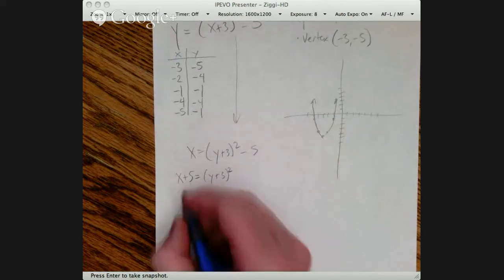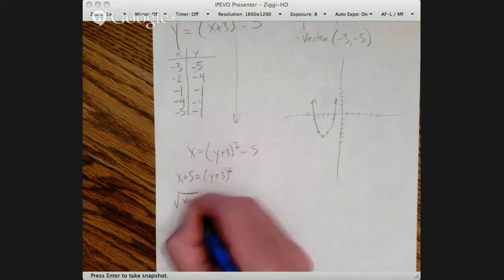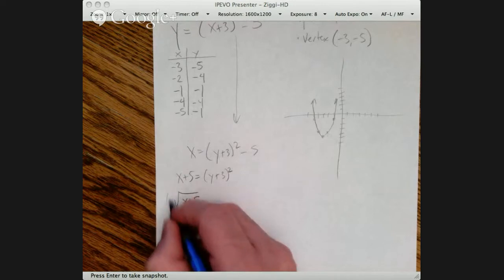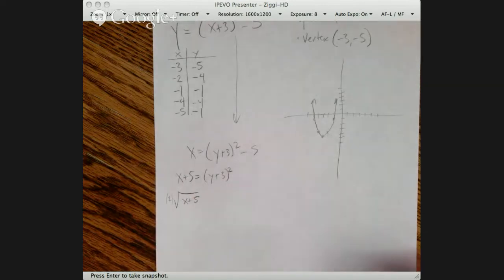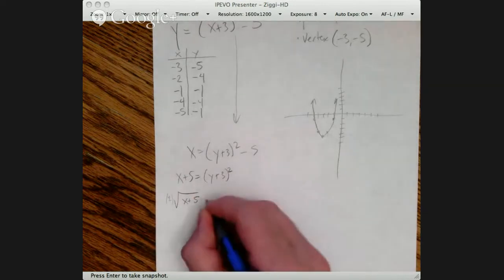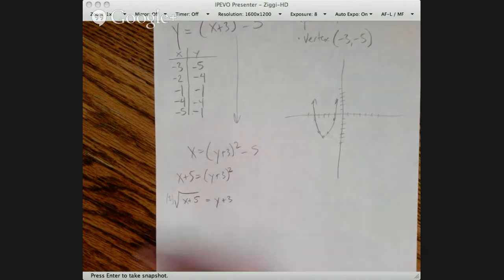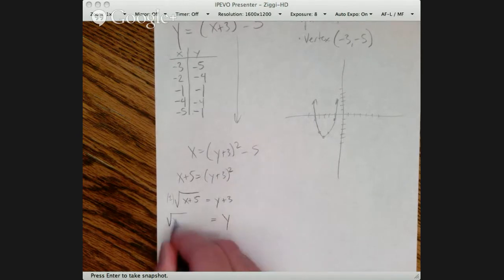So I'm going to take the square root of x plus 5. I'm going to put a little plus and minus in parentheses for you to remember, but I wouldn't worry about it yet. So it'll be y plus 3, and then I'm going to move this over and say that y is equal to the square root of x plus 5, minus 3.